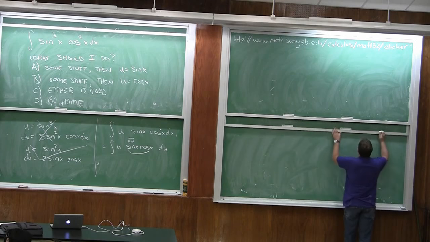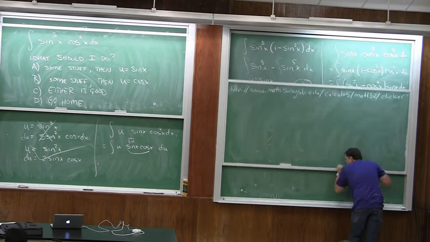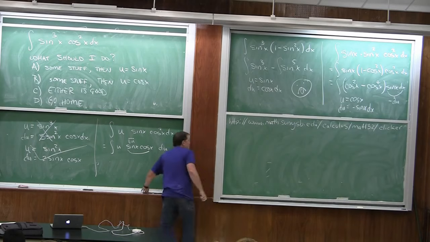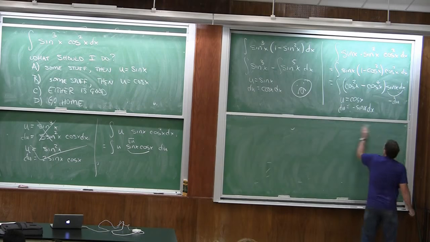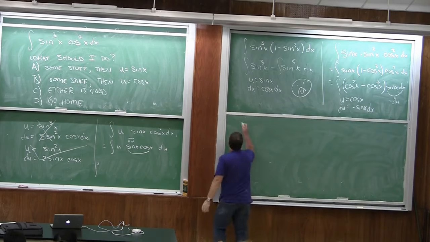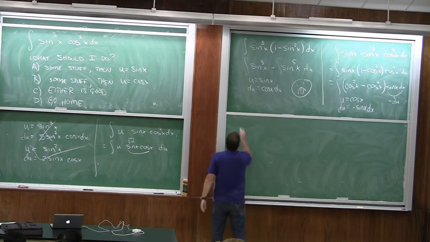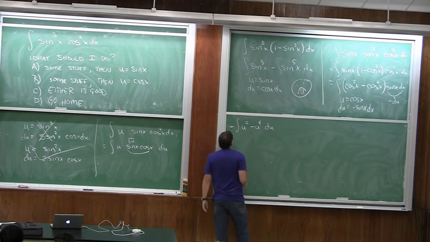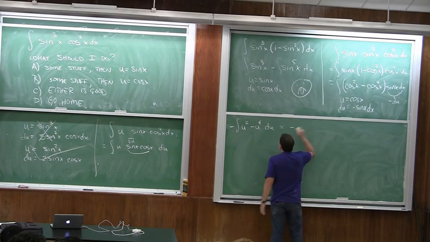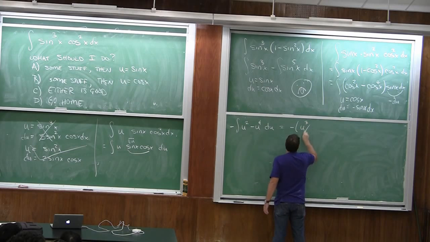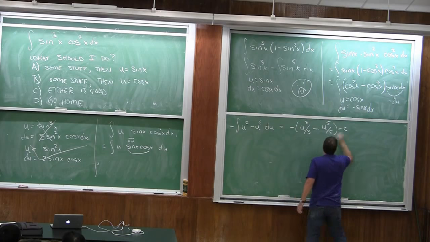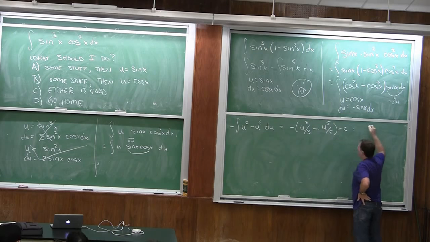So let me just finish. So now I get, I lost my place, the integral of u squared minus u to the fourth du, the whole thing negative, which is negative u cubed over 3 minus u to the fifth over 5, which is, let me rewrite it in the other order, u is cosine.